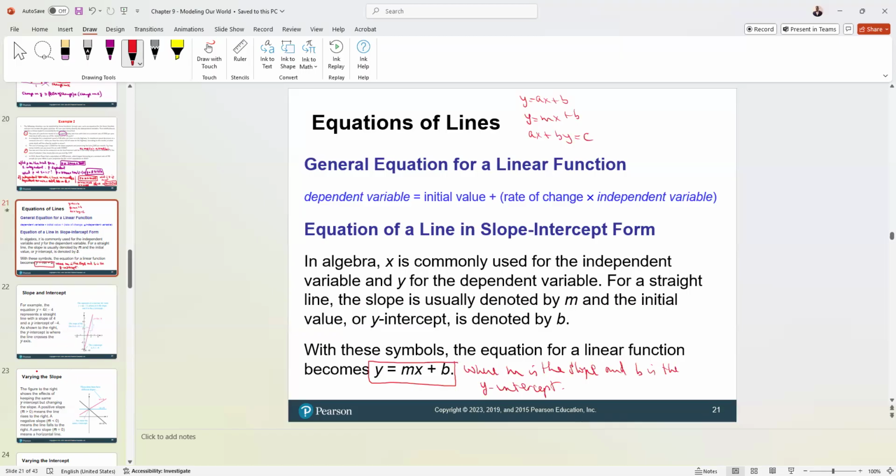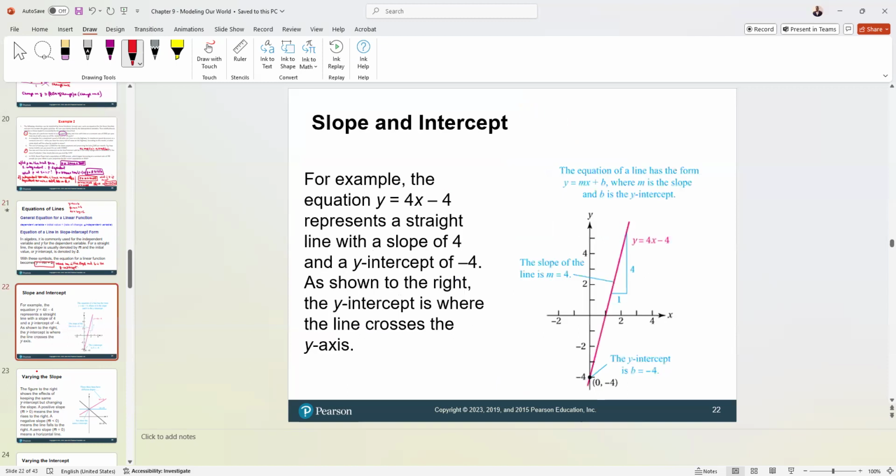That is the general form. So in algebra, x is commonly used for the independent variable and y for the dependent variable. For a straight line, the slope is usually denoted by m, and the initial value or y-intercept is denoted by b. So that's what we're going to do in many cases. Let's suppose we have y equals 2x minus 1.